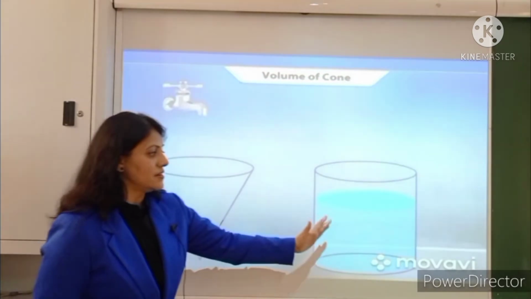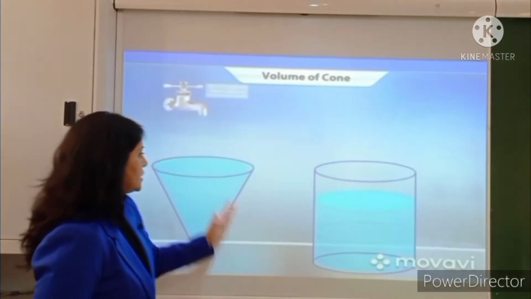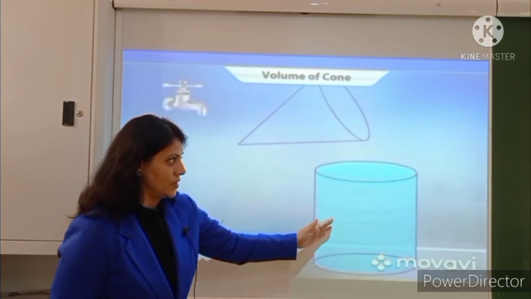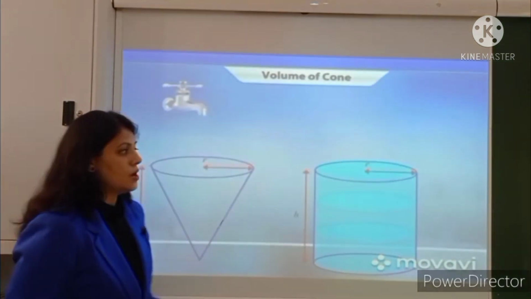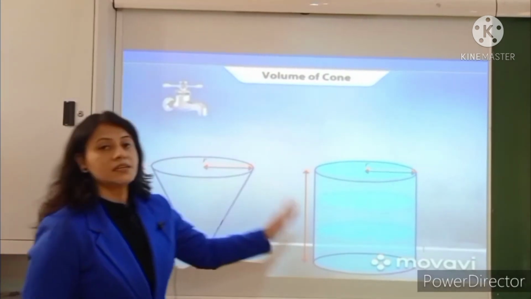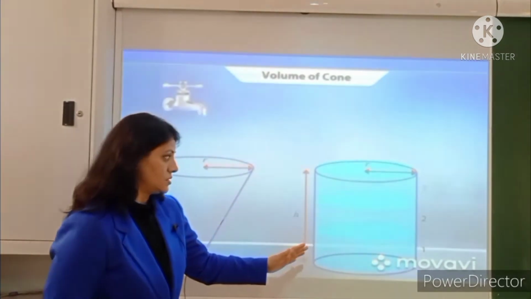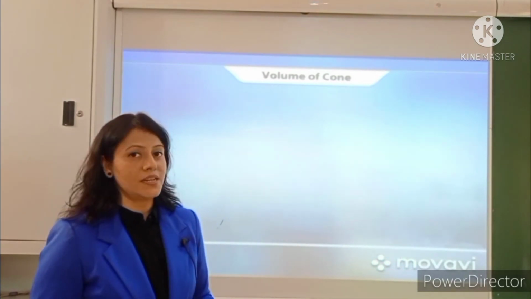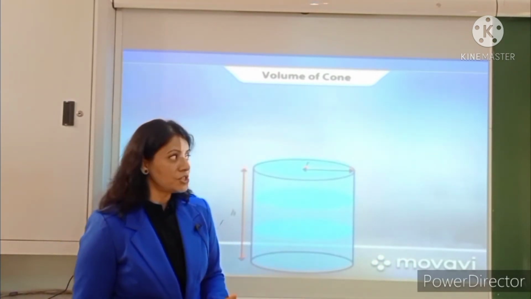We saw the cylinder is still not completely filled, so let's repeat it for the third time and fill it. Now we saw that the cylinder got filled in 3 rounds, and we already know the volume of the cylinder is pi r squared h.